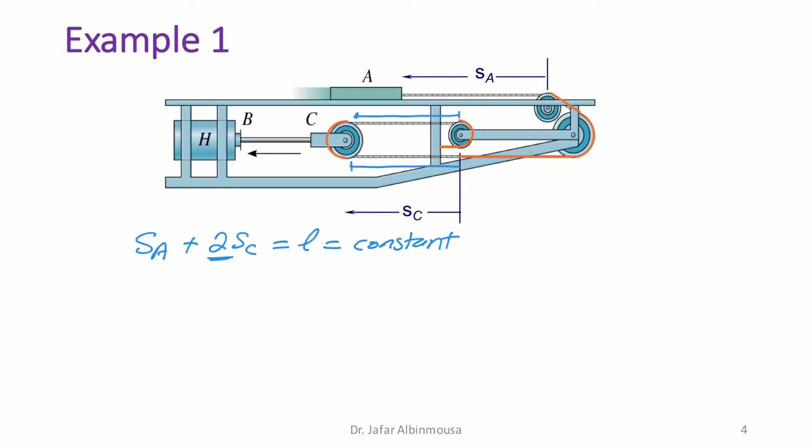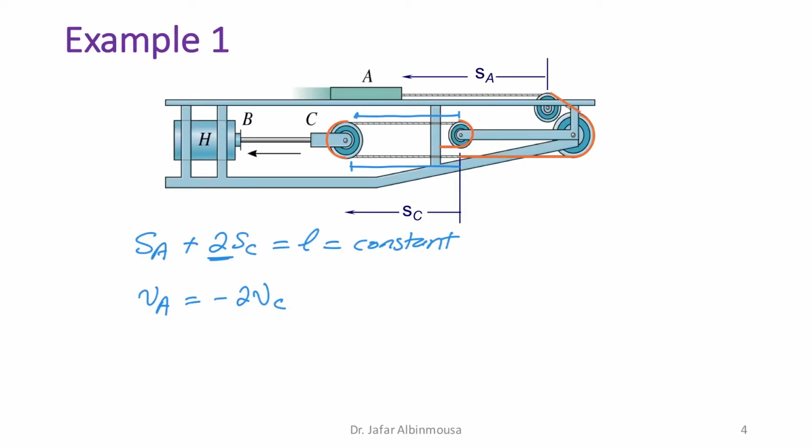Now, we just need to differentiate with respect to time. So we'll get VA equals negative 2VC, which means if the cylinder is drawing in BC at 2 feet per second, that's the direction, 2 feet per second in this direction, then VC is positive.